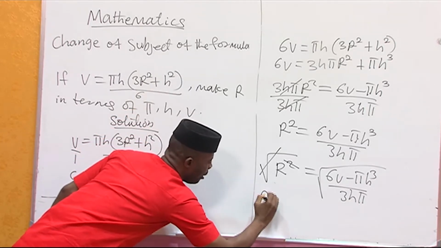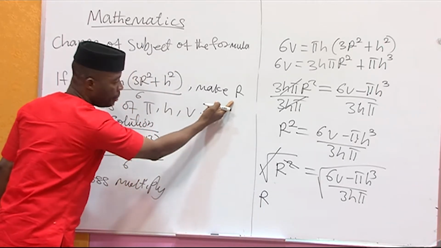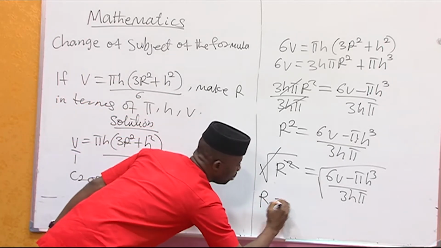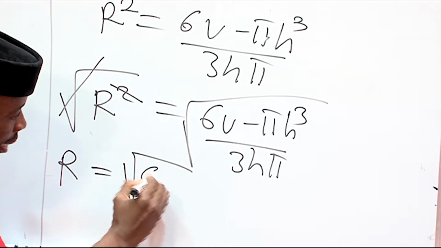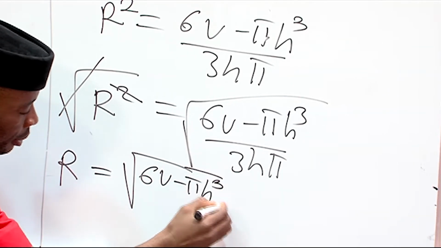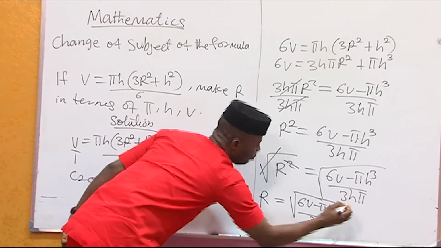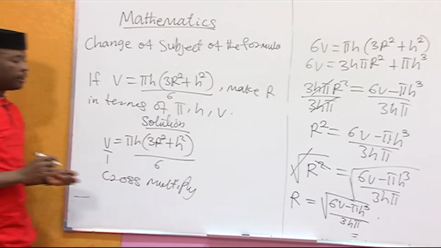So R, that is what we are looking for, is equal to the square root of (6V minus pi h raised to the power 3) all over 3h pi. This is the final answer.